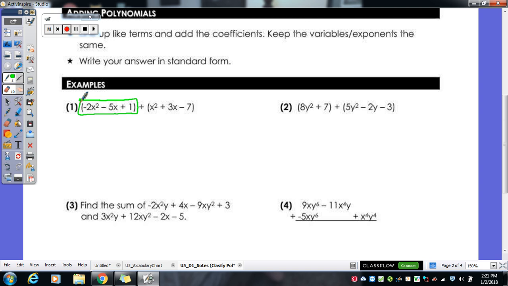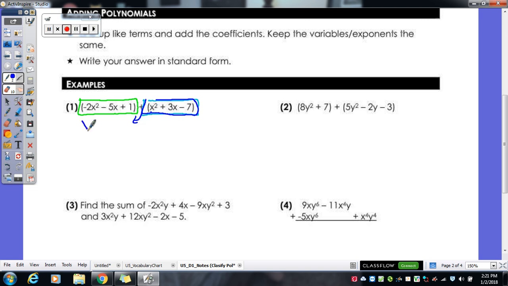They've put it in parentheses. They don't always put it in parentheses, but this example they have. And then over here we have polynomial number 2. Again, they use parentheses to separate them, but you don't have to. So what I like to do, one way to do it, and I'm a visual person, so it just helps me see it better, is I take my second one and I line everything up underneath my first one.